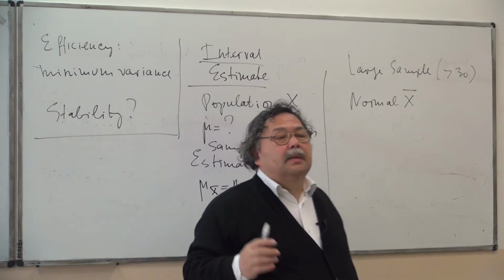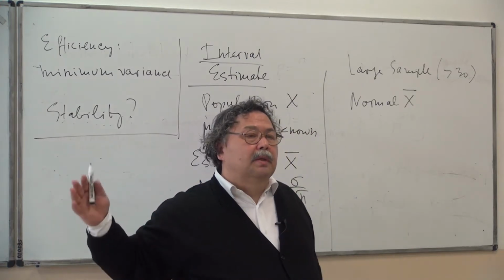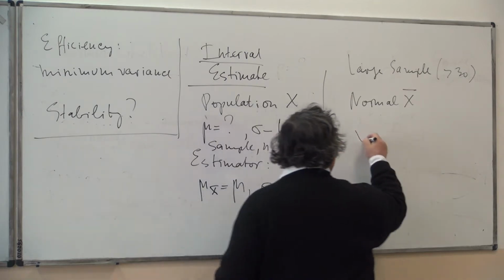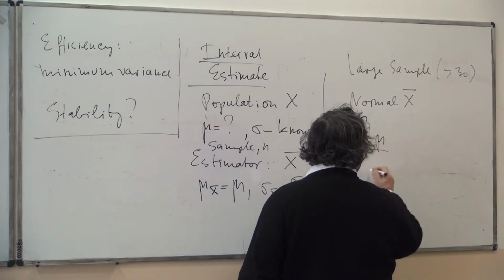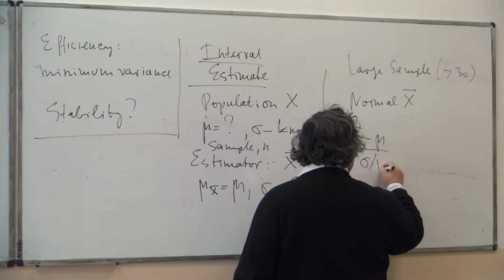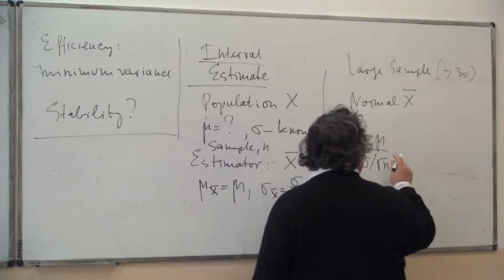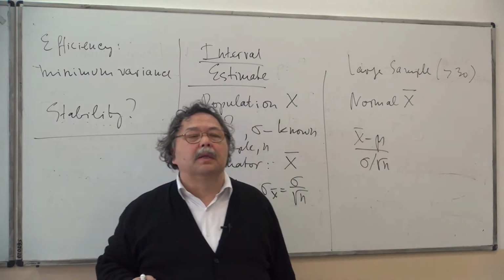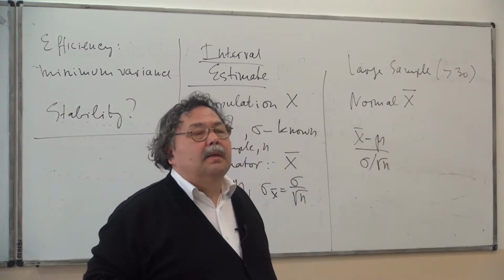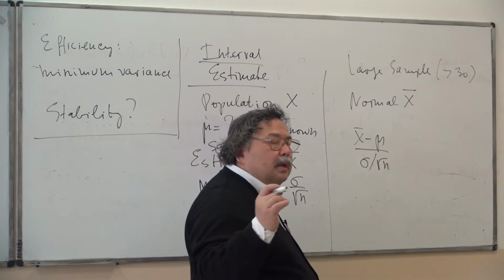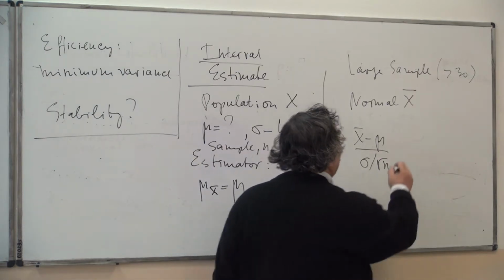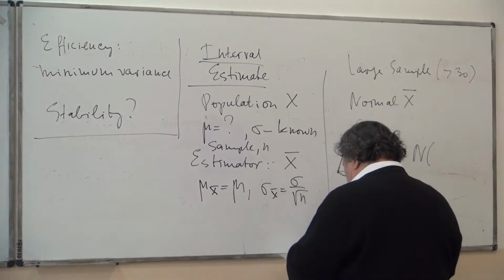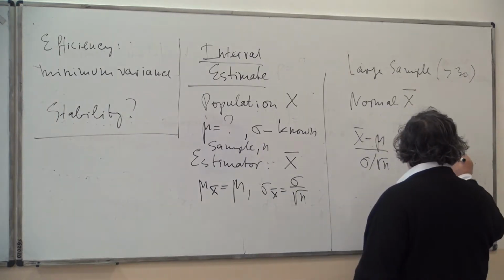Strictly speaking, as n approaches infinity, x bar minus mu over sigma divided by the square root of n, this quotient approaches the standard normal distribution as n approaches infinity. Let's put it this way: it's approximately normal (0, 1).